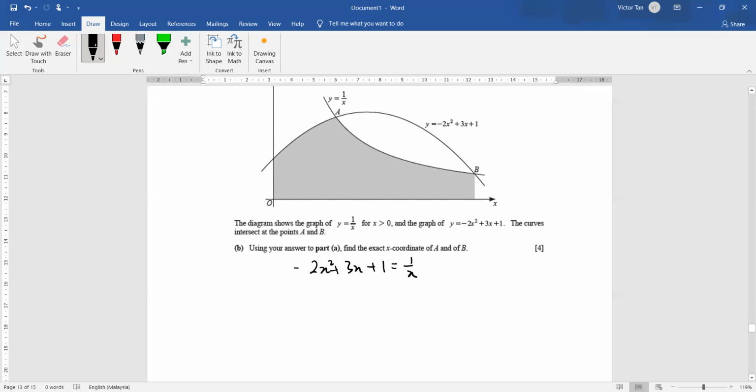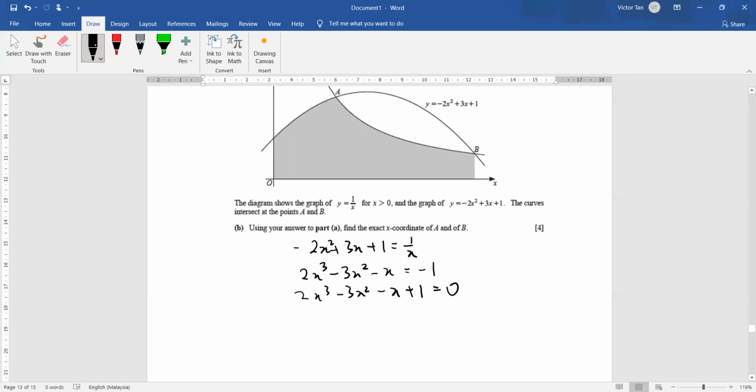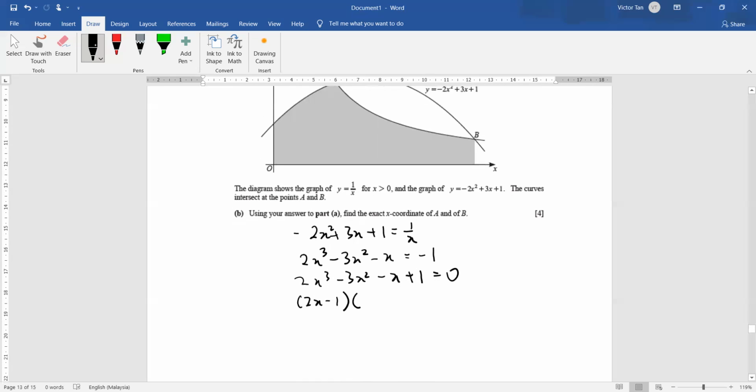Multiplying by x, you get 2x cubed minus 3x squared minus x equals minus 1. So 2x cubed minus 3x squared minus x plus 1 equals 0, which of course should be the polynomial that we have earlier. So when you factorize, you get 2x minus 1 times x squared minus x minus 1.